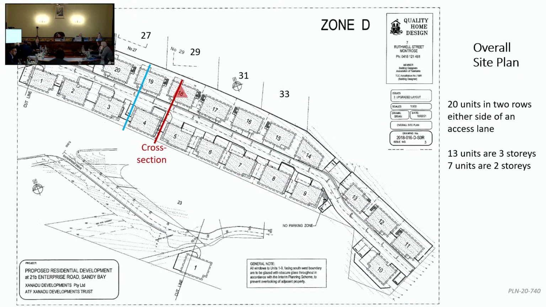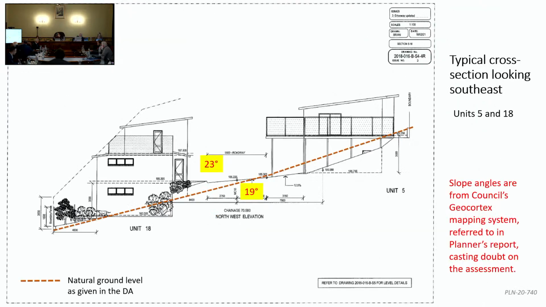Just to show you how we achieved this, if you look at the red cross-section on the proponent's site plan, this is another example through Unit 18 and Unit 5. If I zoom in on that, their site plan shows contour 192, just next to Unit 5, and on the boundary about 192.2. So when you plot that accurately, you get that blue line, not the brown line as they've depicted it.